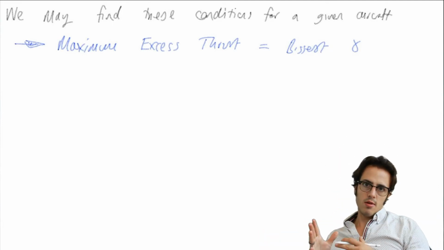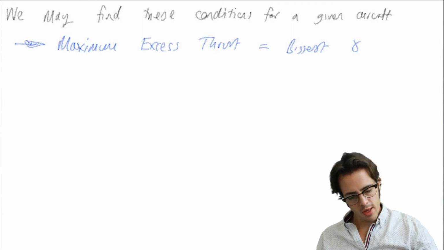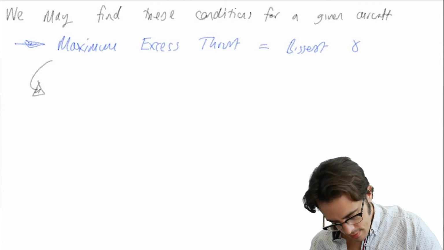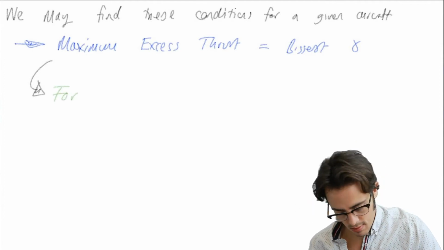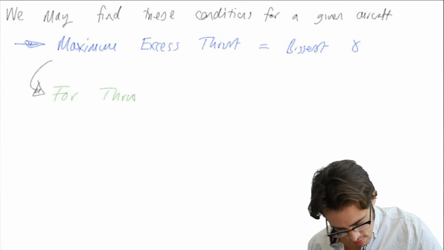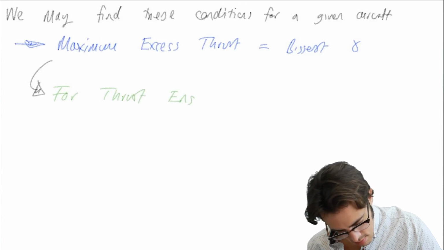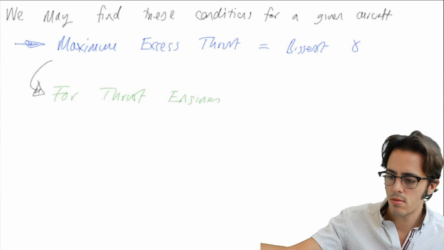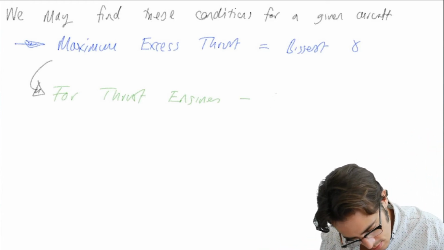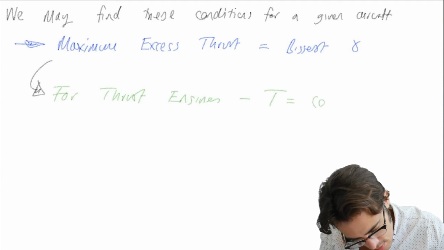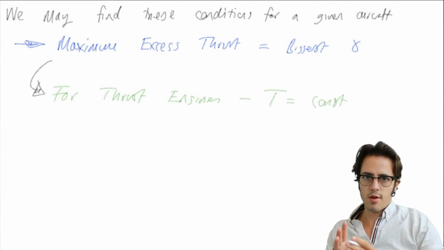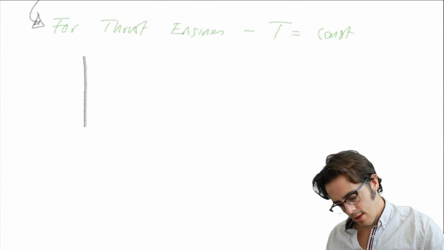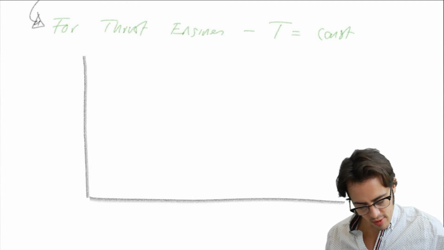So this is relatively easy to get for a thrust engine. So let's just remember how thrust engines work. For a thrust engine, our thrust is constant with forward speed. So we can have a look at plotting thrust available and thrust required versus forward speed.